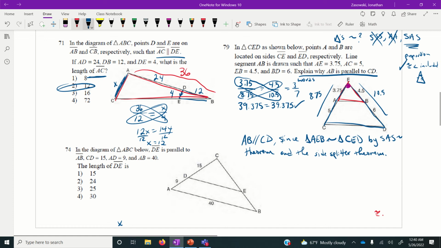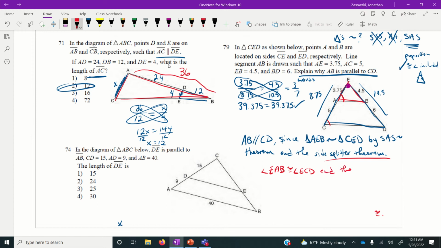Now if you didn't remember the side splitter theorem, what you could also point out is if the triangles are similar, that means that angle A, we can't just say A because there's more than one angle A, so we have to use 3 letters, because there's this angle A and the angle below it. So angle EAB, that's this angle right here, is going to be congruent to angle ECD, or angle C, because the triangles are similar.